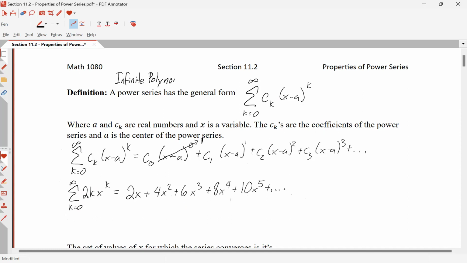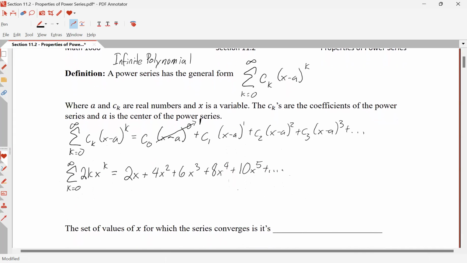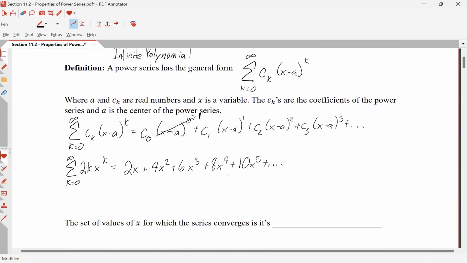So we are now working with infinite polynomials. But they are series, so there is an idea of convergence and divergence, but we've added in a variable. So there are going to be values of x for which the series converges. If I take an x and plug it into the power series, it suddenly becomes a normal series.